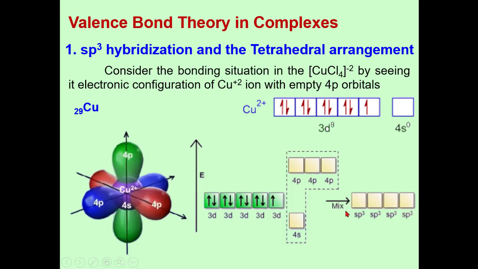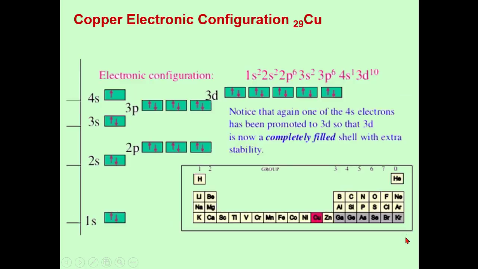But when they are mixed together, they form new orbitals. You may see how many orbitals are added here: four orbitals, one s and three p orbitals. So we get four sp3 orbitals, 1, 2, 3, 4.